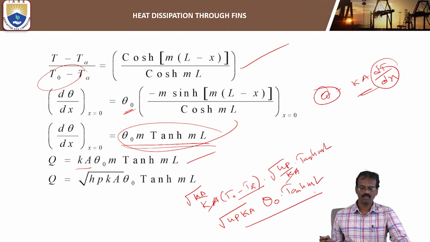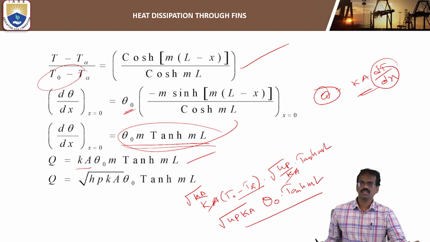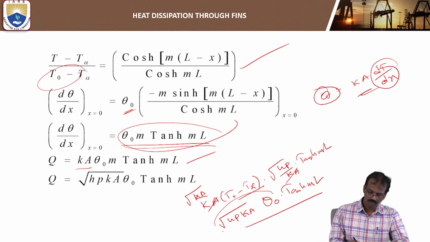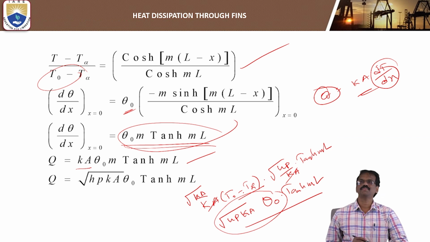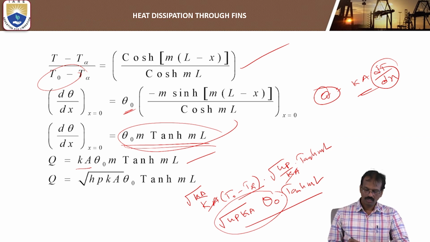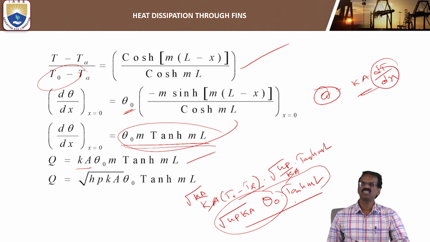So this is the final equation. For the long fin, it is under root of hpKa into theta naught. For the insulated end fin, the formula is under root hpKa theta naught into tanh ml.